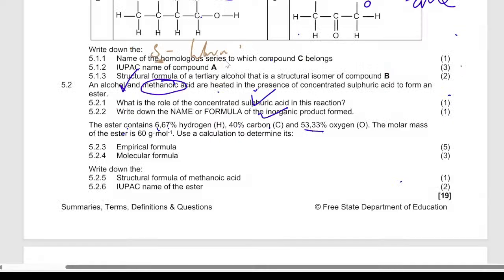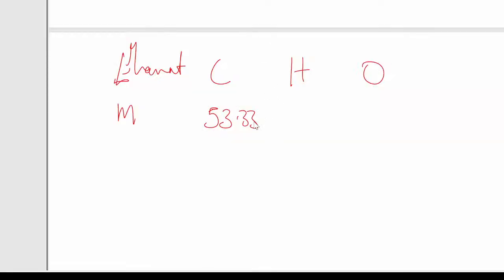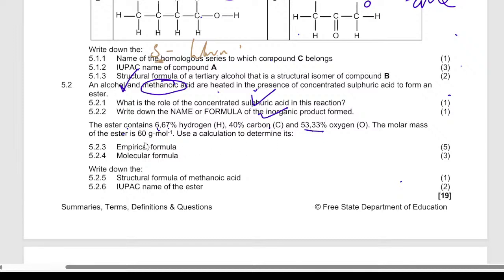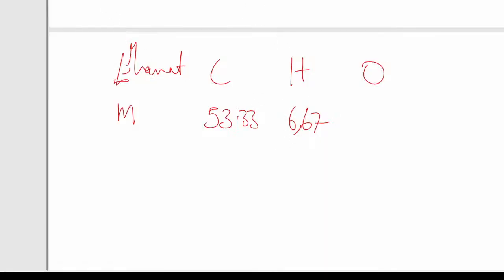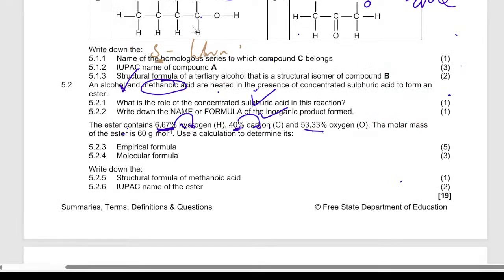Hydrogen is 6.67, and oxygen is 53.33. Carbon is 40 percent.